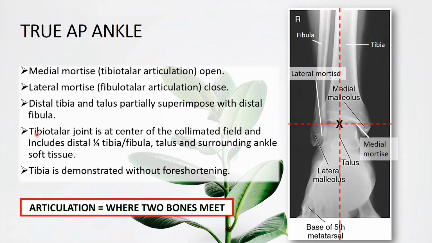The fourth point is that the tibio-talar joint is at the center of the collimated field. The tibio-talar joint is here, at the center of the collimated field, and includes a quarter of the distal tibia and fibula, the talus, and the surrounding ankle soft tissue. For the fifth point, the tibia is demonstrated without foreshortening.